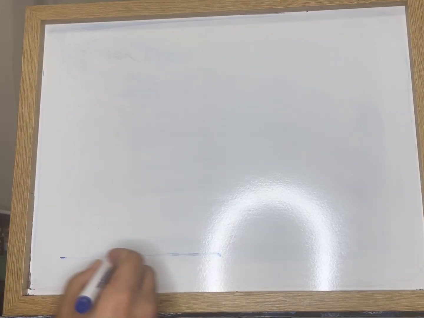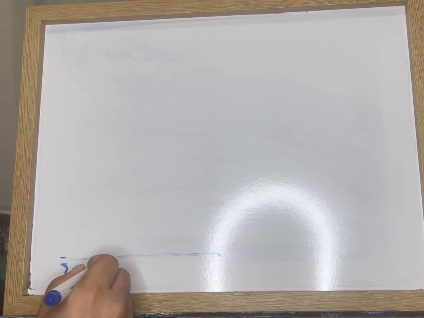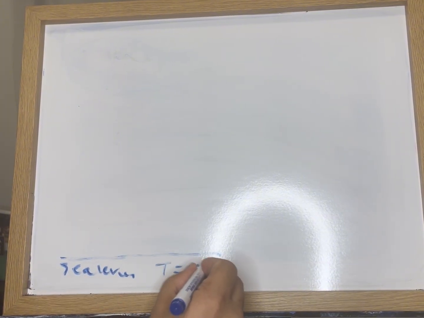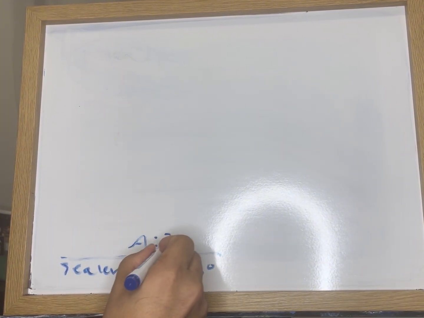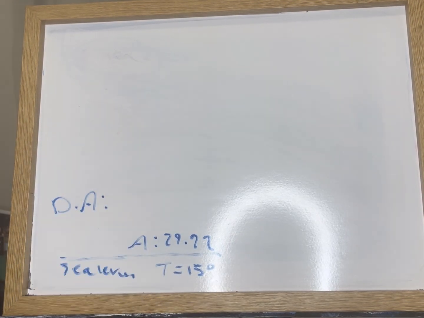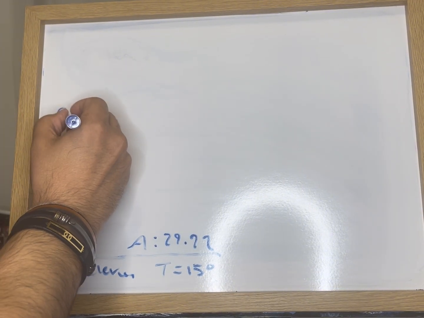You are at sea level, the temperature is 15 degrees, and the altimeter setting is 29.92. What's the density altitude? First of all, for density altitude we need to calculate pressure altitude.